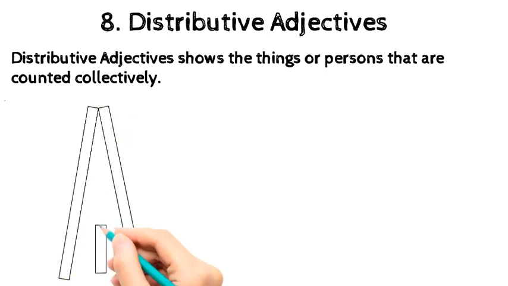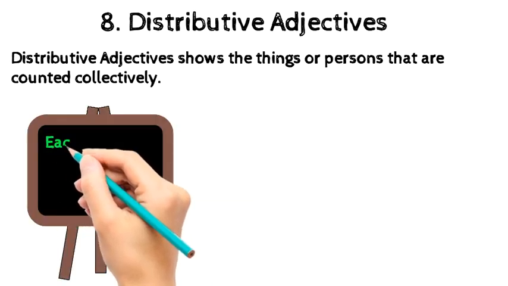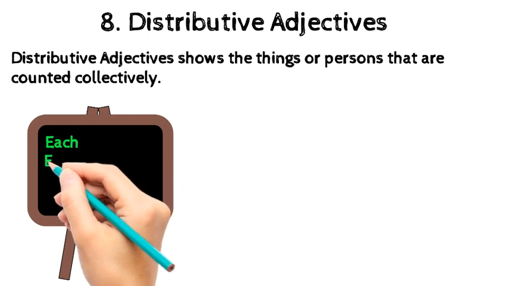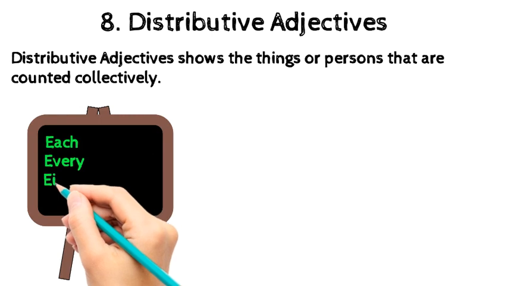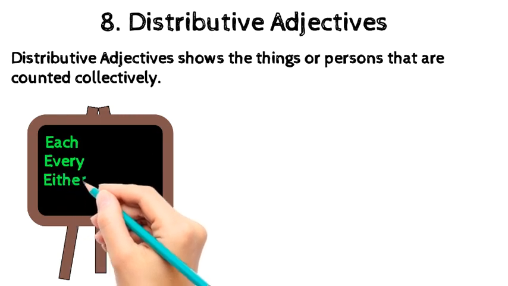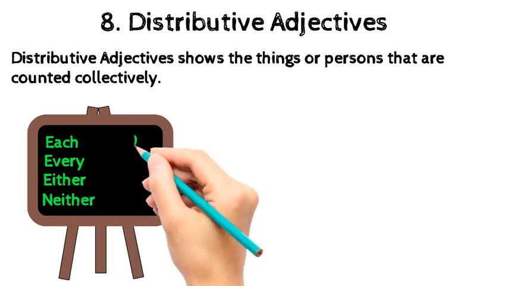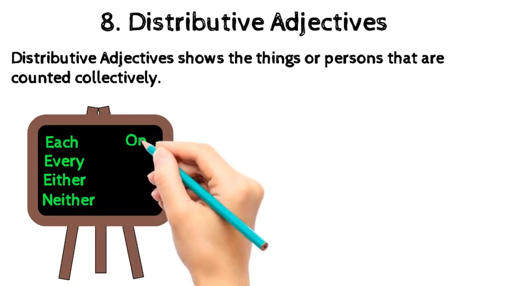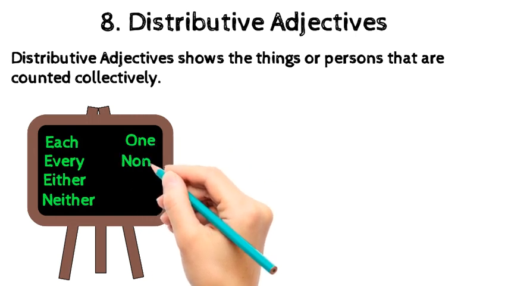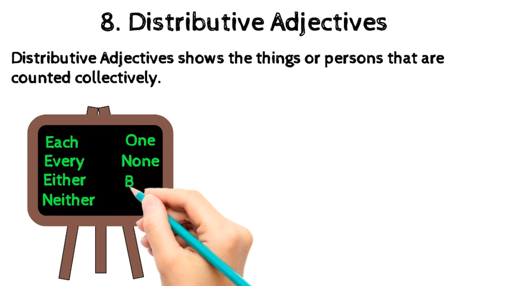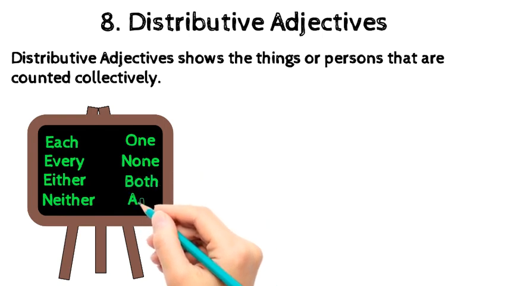And some of the examples of distributive adjectives are each, every, either, neither, one, none, both, and any.